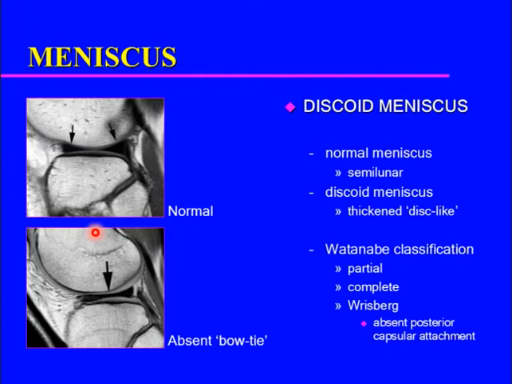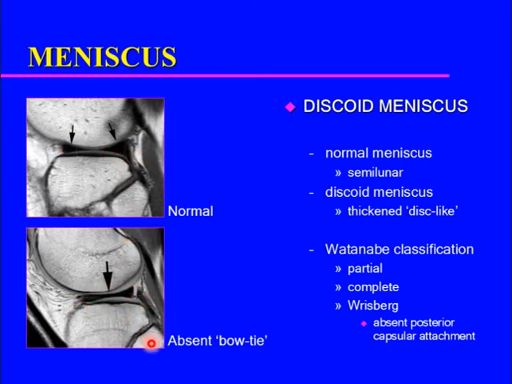Discoid meniscus is another type of meniscus. The normal meniscus is semilunar, while a discoid meniscus is disc-like and thick. Here you can see a normal, commonly seen meniscus. It's semilunar. The body appears thin, the anterior and posterior horns appear thick, while this bow tie appearance is sometimes absent.